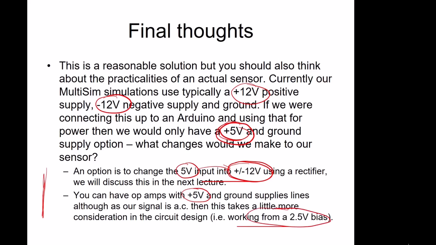So you kind of get a negative supply. If you have an AC signal, you cannot have the supply go to minus if the op amps are only supplied with 0 to 5 volts. So you have to work via a 2.5 volt bias, which makes the circuit design a little bit more complicated. So there are options there, but it's not something we need to worry about for this exercise. It's just something to bear in mind.